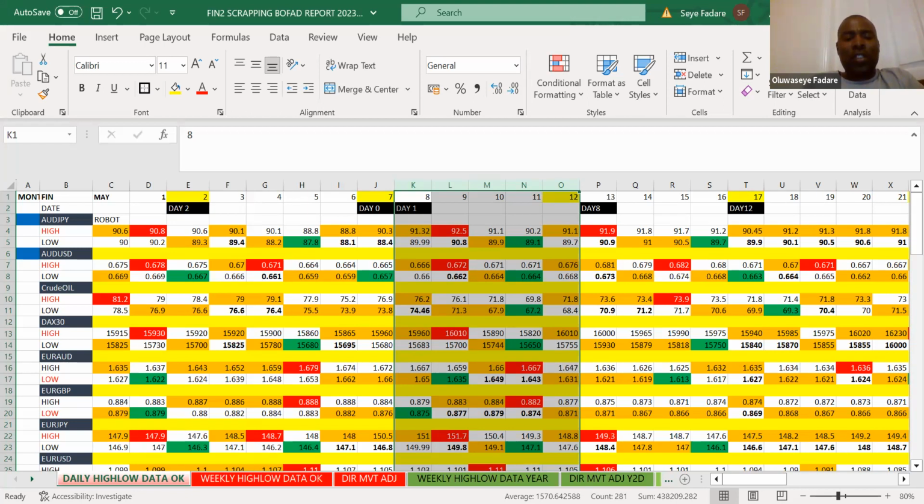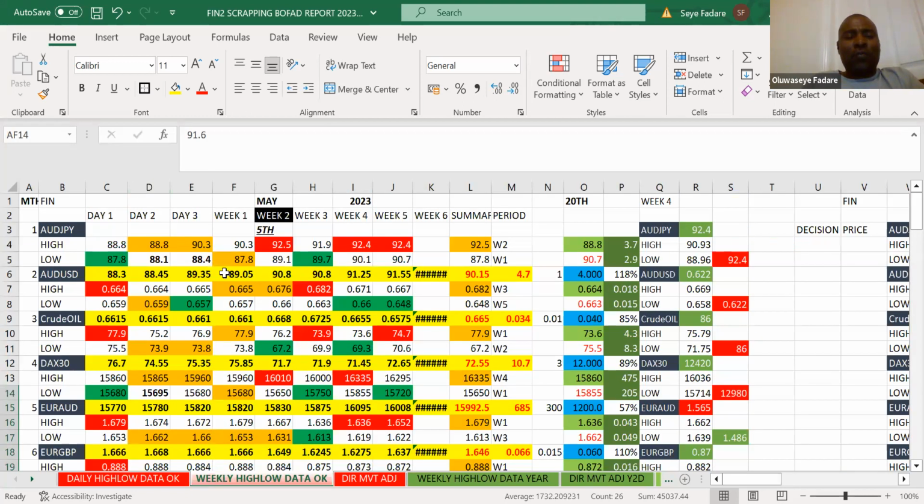For the weekly high and low data, we only have the first 3 days as daily, then after that we have the weekly, from week 1 to week 5 or week 6, depending on the month.